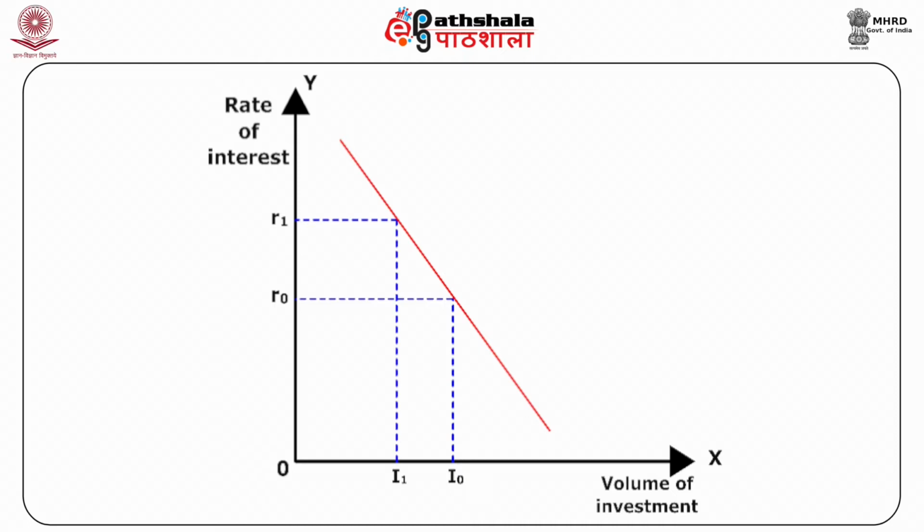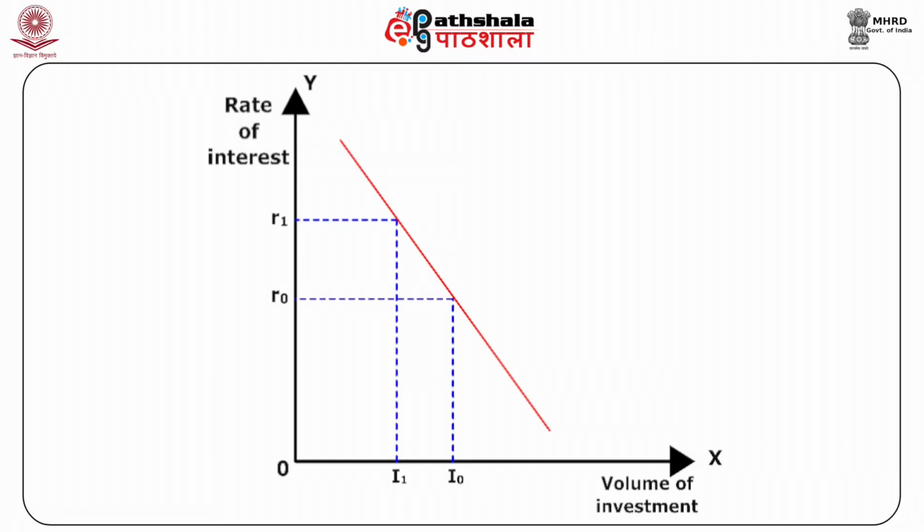The Walrasian general equilibrium theorem tells us that when n minus 1 out of n markets are in equilibrium, then automatically the nth market would also be in equilibrium. In our case, out of 4 markets, we are considering 3 markets, and the 4th market which we are ignoring by virtue of the Walrasian general equilibrium theorem is the labor market.